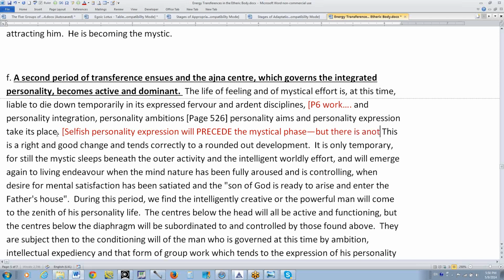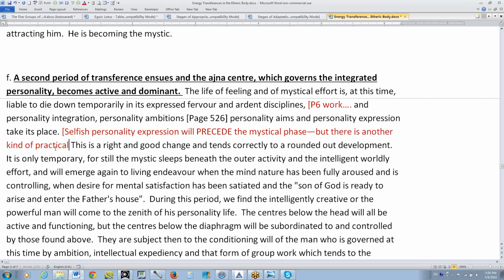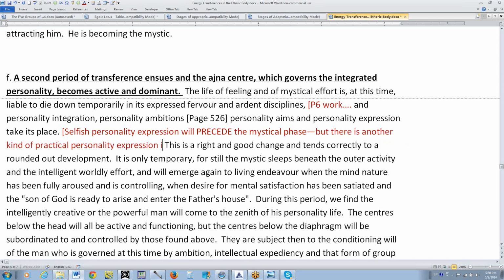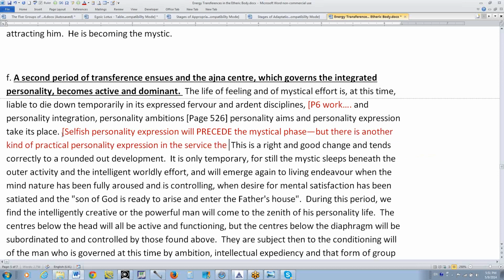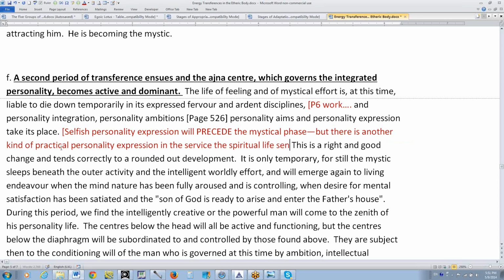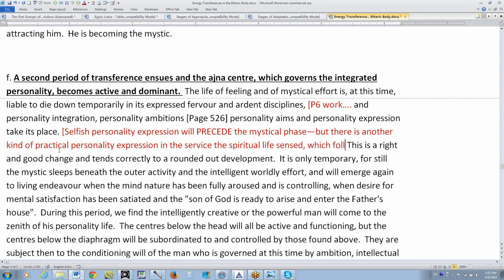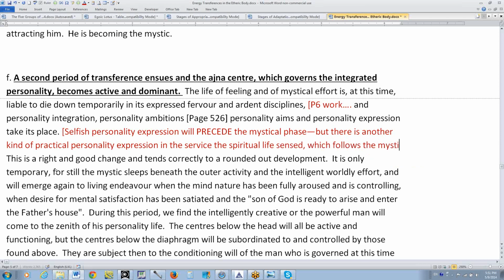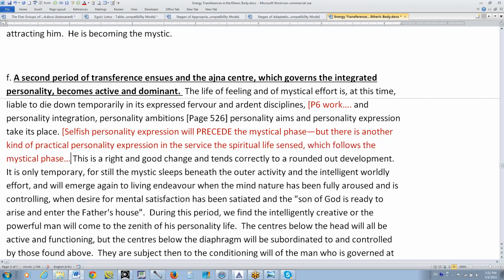But there is another kind of practical personality expression in the service of the spiritual life sensed, which follows the mystical phase. And I don't know which one he's talking about here, and of course it maybe depends on the ray as well. Sometimes mystics transfer onto the path of occultism via the fifth ray, which is very interesting.